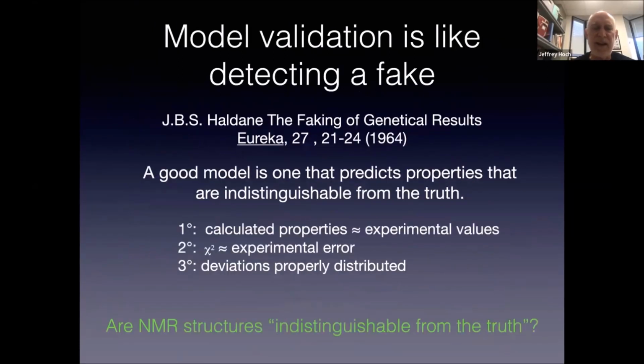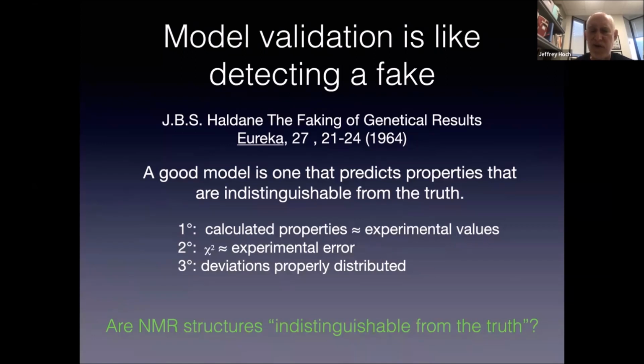The basic idea is that the calculated properties should be comparable to the experimental values. The distribution of errors should be comparable in magnitude to the experimental uncertainty, chi-squared, but the higher order characteristics too; the deviations should be properly distributed. So while that's Haldane's prescription for detecting a fake, it's also a useful strategy for validating a predicted structure to see how well they are in concordance with any empirical data.